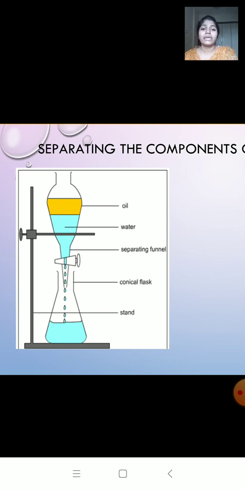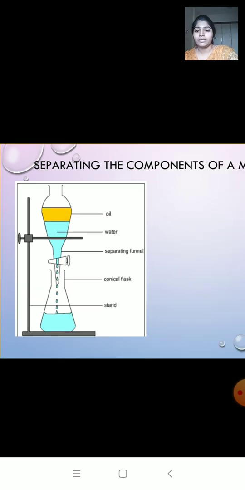Water being heavier will form the lower layer, and oil being lighter will form the top layer. So we can turn on the stopcock or tap and collect the water. Once all the water is completely removed, we can take a new beaker and then collect the oil.